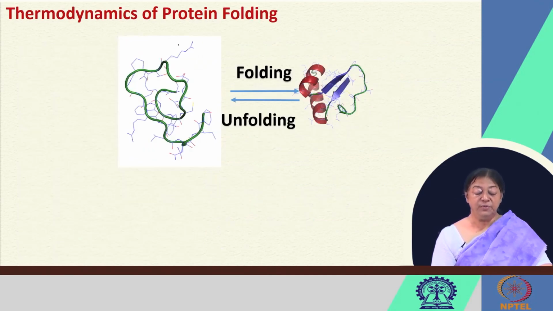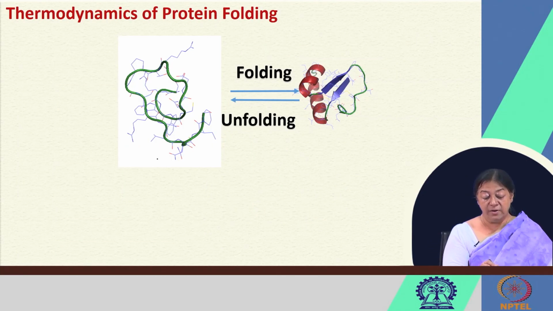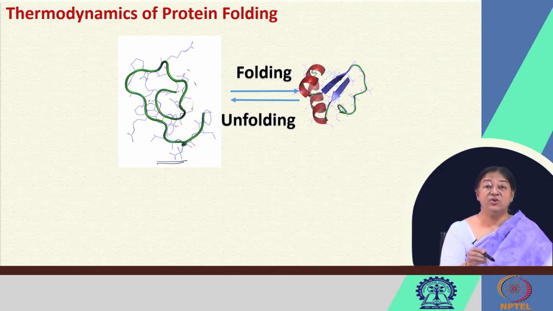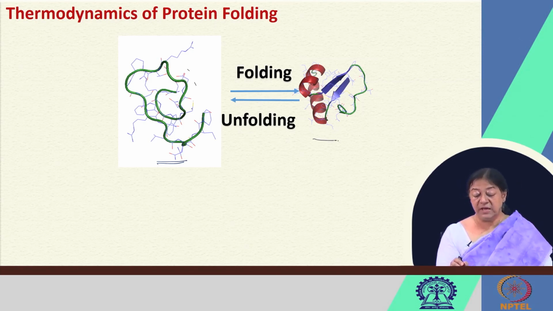So, if we look at the thermodynamics of the folding, now we have our unfolded structure. We remember again that some of these on the surface are still hydrophobic in nature, but it gradually gets to a nucleation and a condensation, giving us the folded structure.